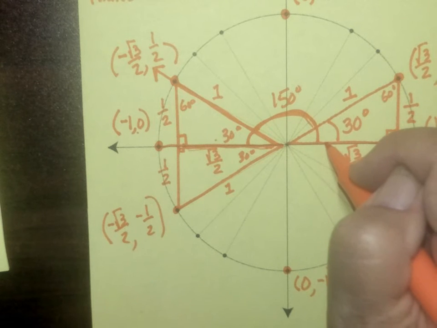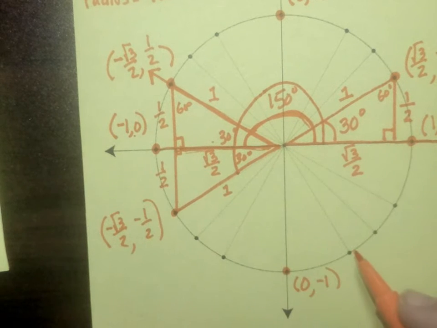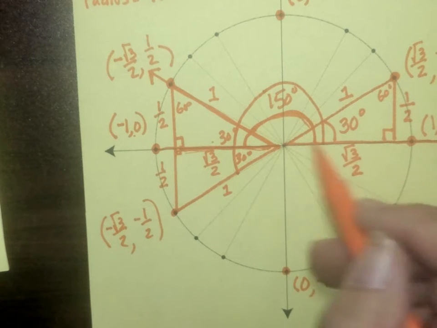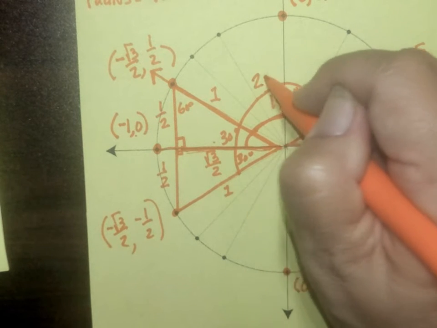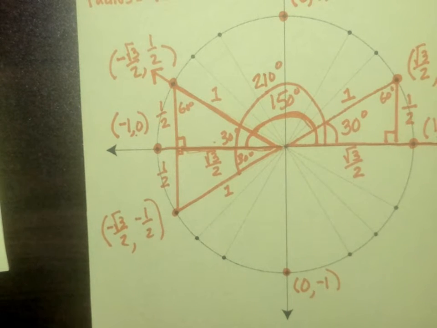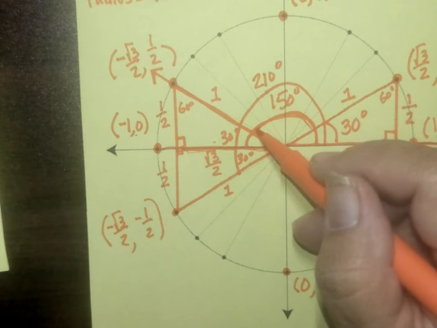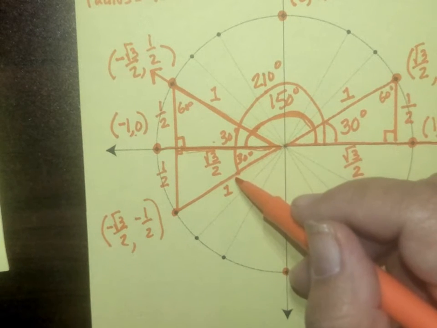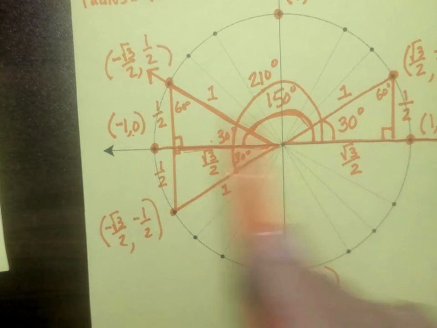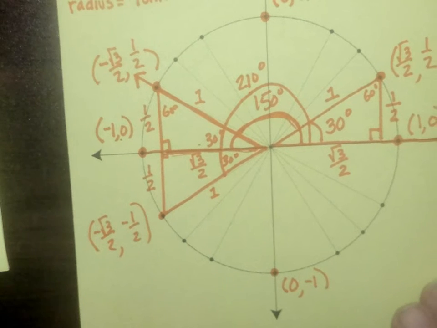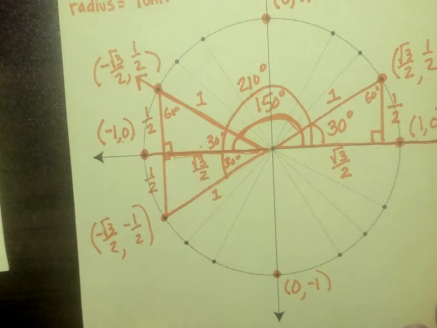And how many degrees is this angle? 180 plus 30, right? So we've got a 30-degree angle, a 150-degree angle, a 210-degree angle. They all have a reference angle of 30 degrees. The ordered pairs are all related, right? Only the signs are different according to what quadrant you're in.